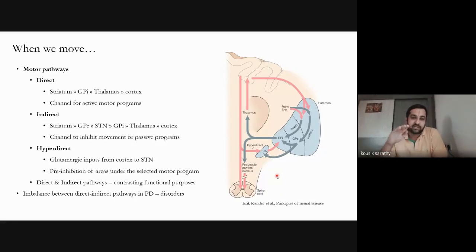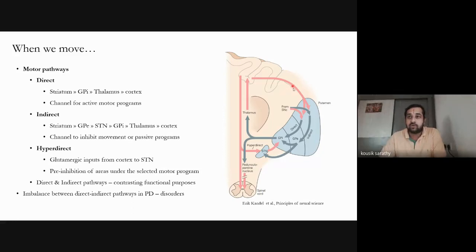It passes through the striatum, GPi, back to the thalamus and the cortex. And then you have the indirect pathway, which goes from the striatum. It is indirectly reaching the cortex via GPe, STN, and then back to the thalamus and then the cortex. And the indirect pathway is more a channel for inhibition of movement or passive motor paradigms, however you want to look at it.